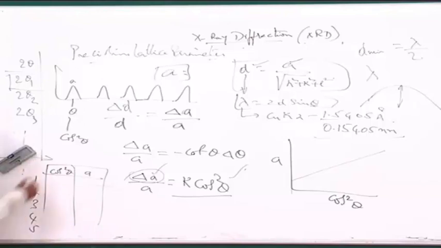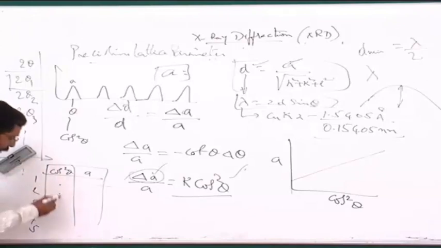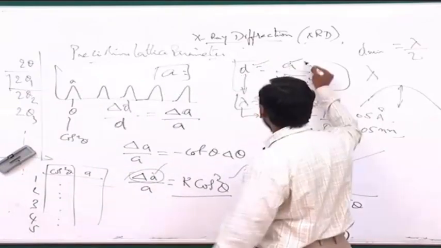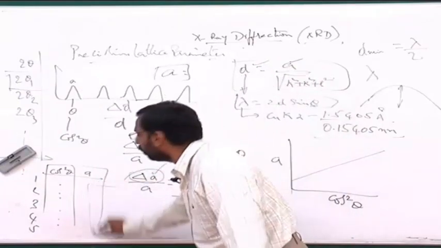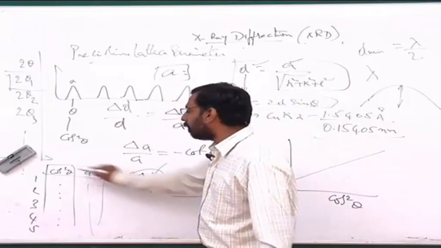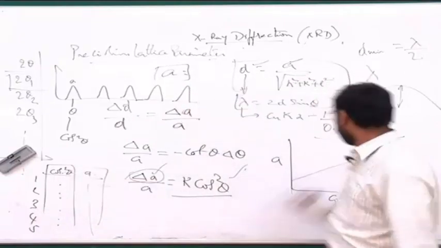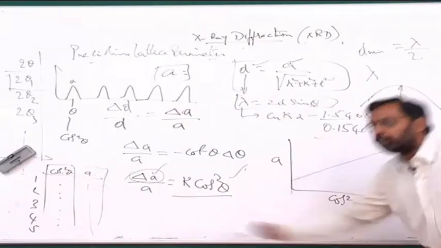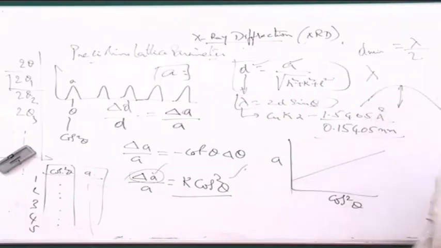For each peak, I first find out the theta. From that, I can find out the cos square theta. Similarly, I use Bragg's law and this relation, and from that find out the A. So I simply plot A versus cos square theta, and I get a relation like this, and extrapolate that to where cos square theta goes to 0.